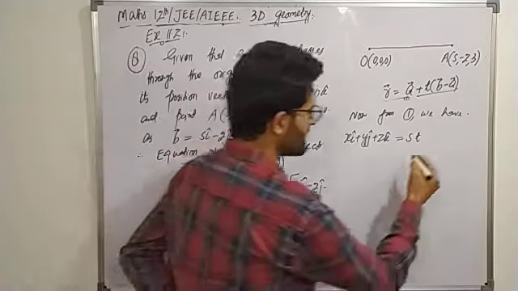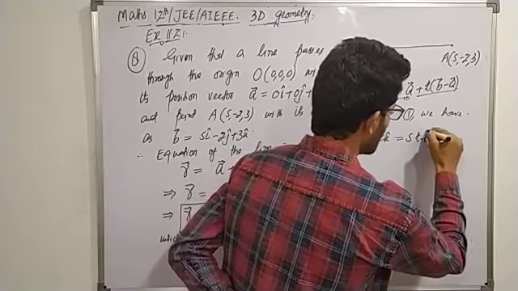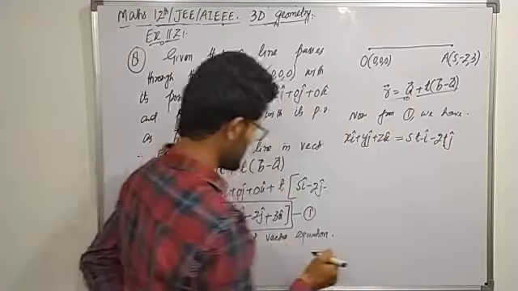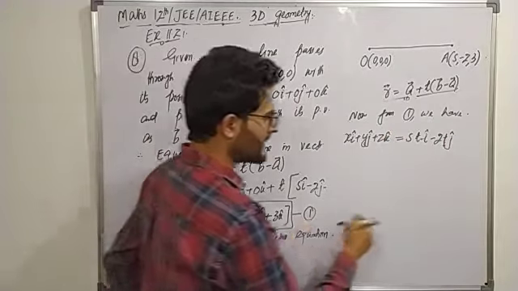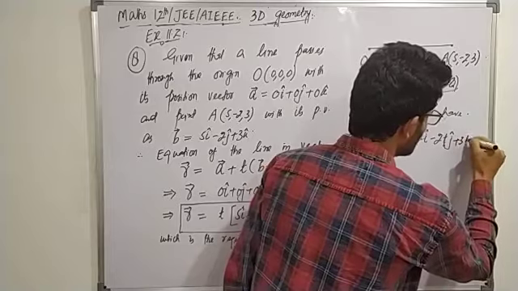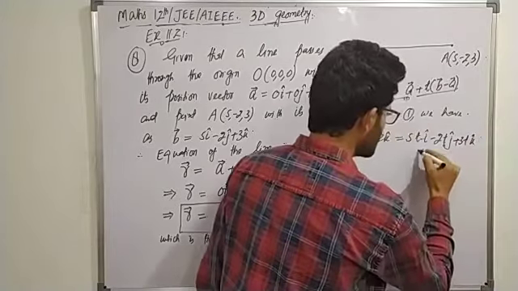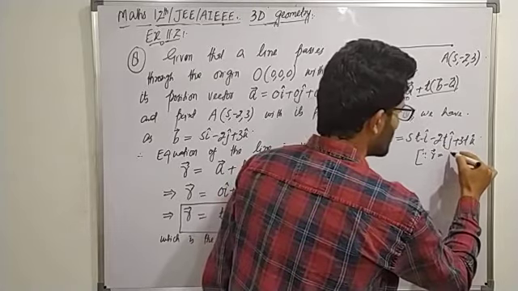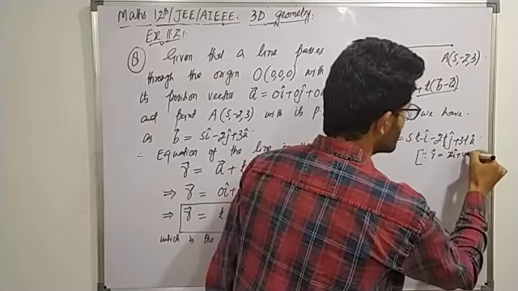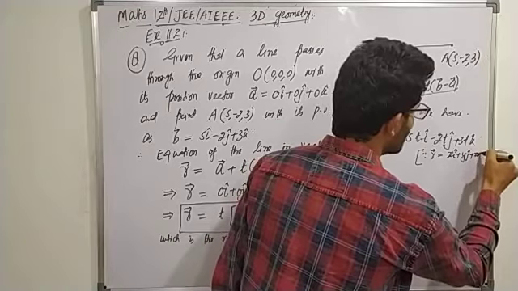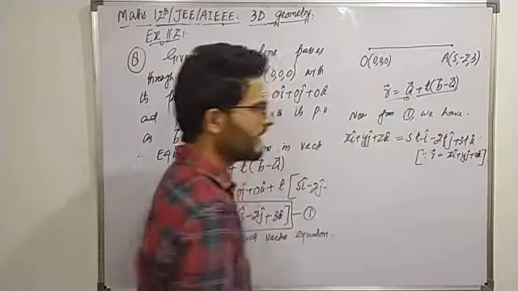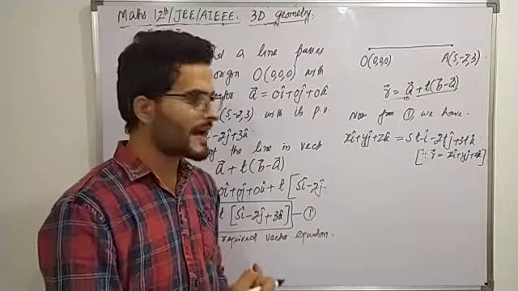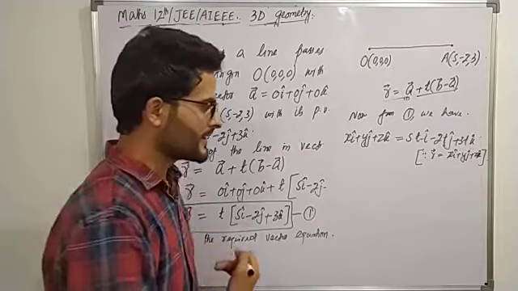Minus 2 into tj, that's minus 2tj, yes, and finally we have t into 3k, that's plus 3tk, because r vector is equal to xi plus yj plus zk, position vector of an unknown point, and the unknown point has the coordinates x, y, z. So its position vector must be xi plus yj plus zk.